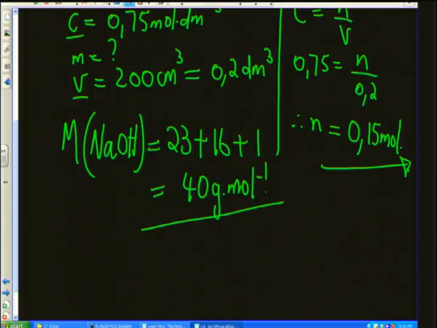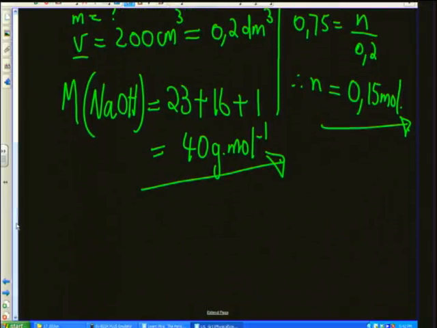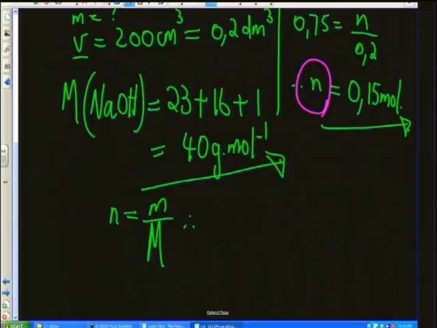Why do we do this? So that we can find the mass that they are looking for, because the number of moles is given by the given mass divided by molar mass. Because we know the number of moles that we have calculated, we can substitute and say 0.15 moles would be equal to the mass that we're looking for divided by the molar mass, which is 40 grams per mole.